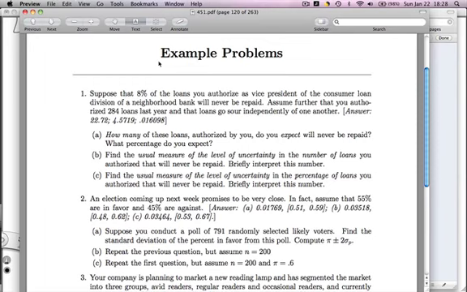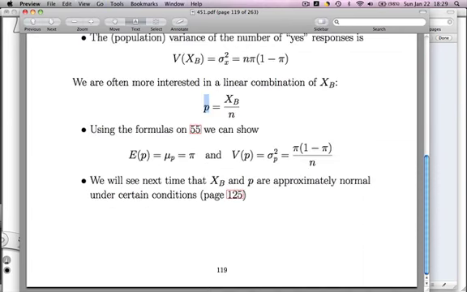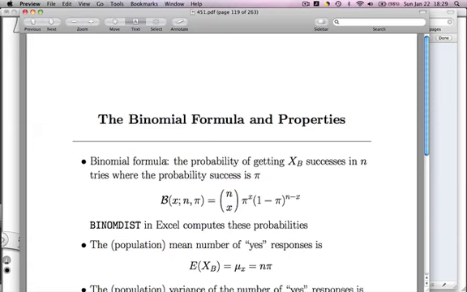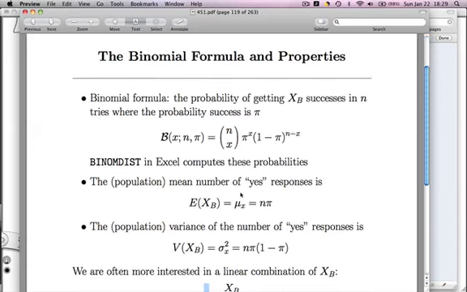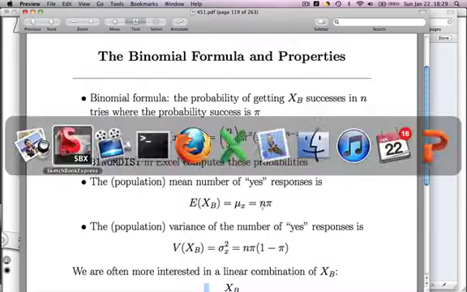We're going to count the number of loans, which is telling us that it's a binomial question. And the expect part is telling us that it's after the mean. So we're asked to find the mean of the count. If we go back to this slide, here is the mean number of yeses. The formula is just n times pi.